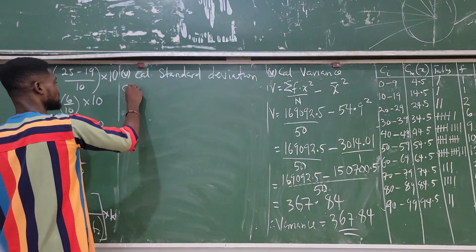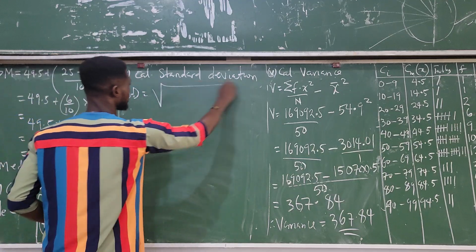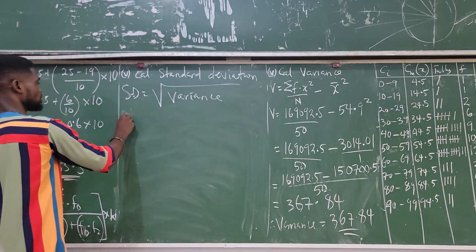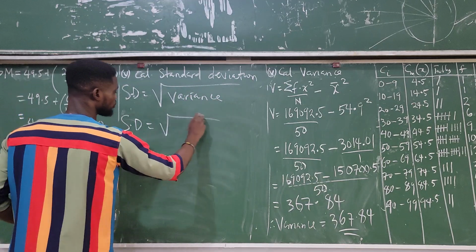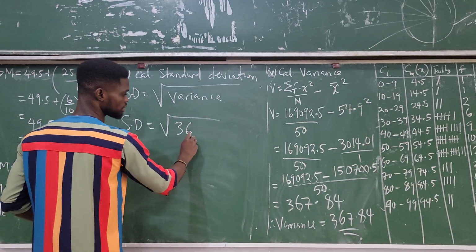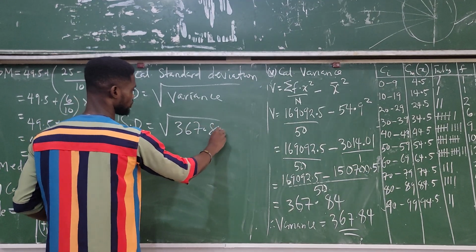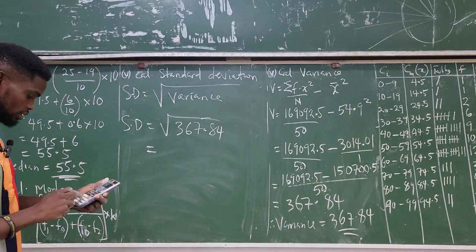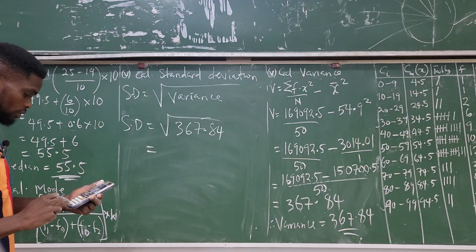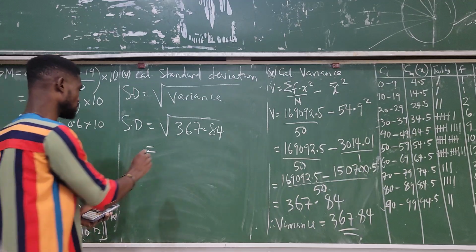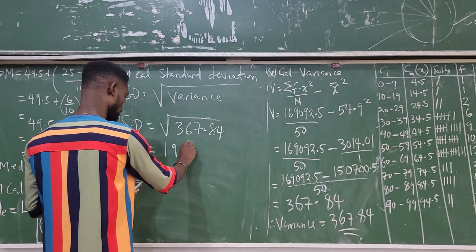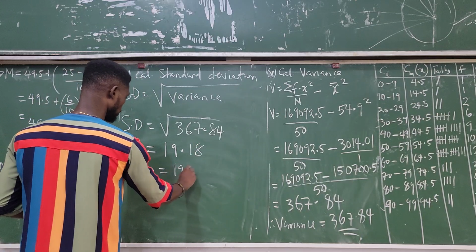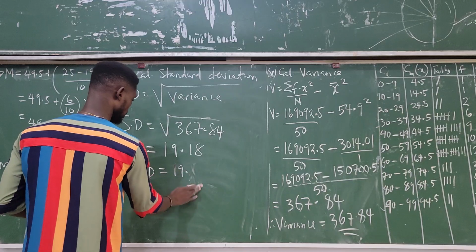So let's represent standard deviation as SD, and it is the square root of variance. So standard deviation is the square root of 367.84. So take the square root of this. The square root of 367.84 will be equal to 19.18. Therefore, standard deviation is 19.18.